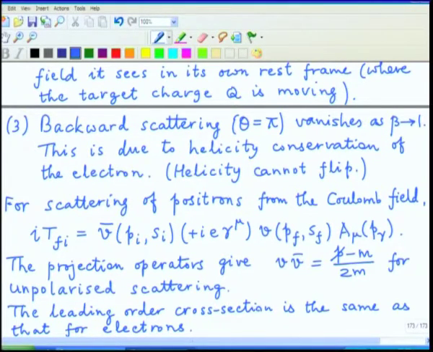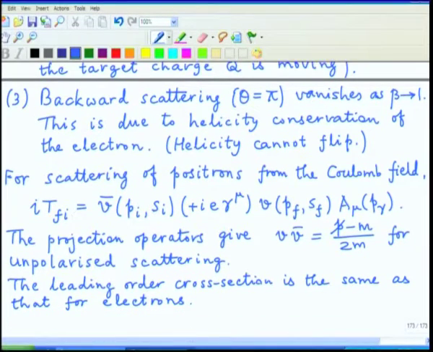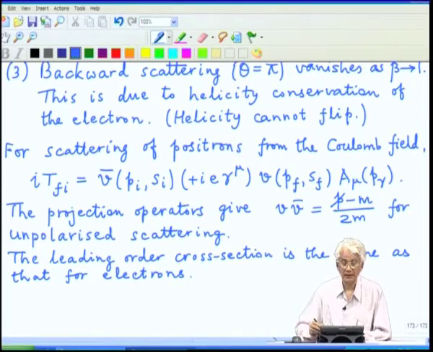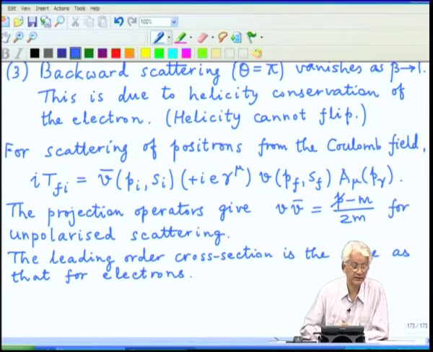So, this is as much as I can say for the Coulomb scattering problem, and we have various important things to learn, both in terms of the calculation techniques as well as the interpretation of the final result.